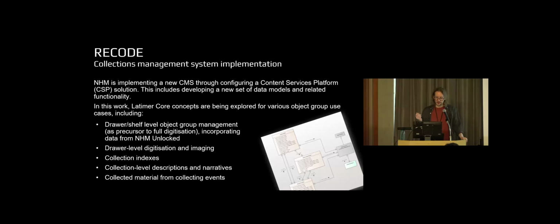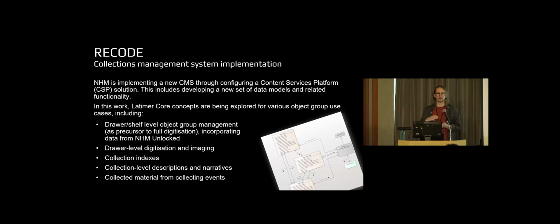Our registers or collection indexes have high level information. Again, there were some good talks yesterday about acquisitions. So you could use Latimer Core to capture structured information about an acquisition because you usually know who, you've got a reasonable idea of geographic coverage and at least some high level information about taxonomy.